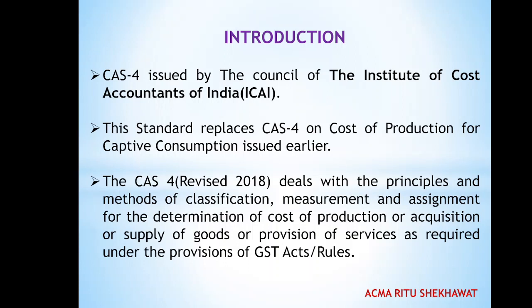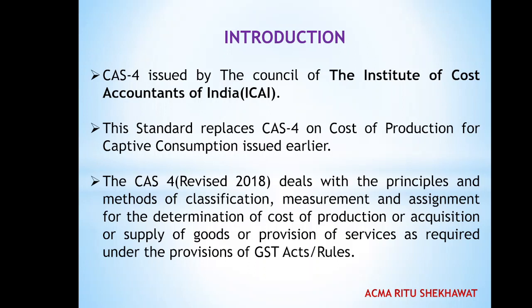Fine. So this is the little topic of captive consumption. Now let us go back to GST and why there was a need to change the name of the cost accounting standard. As said earlier, with the introduction of GST effective from July 1, the incidence of tax shifted from manufacture to supply. With this change in GST law, we have seen the change coming in the cost accounting standard also.